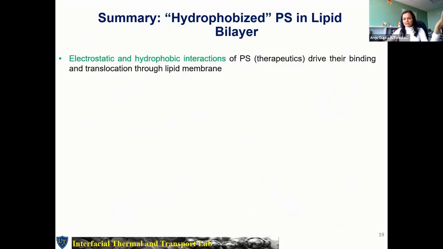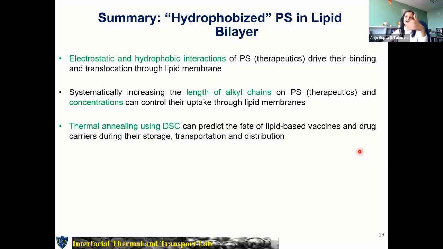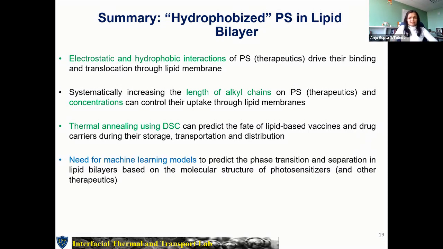Just to quickly summarize this section of my talk, it's the combination of electrostatic and hydrophobic interactions that can drive the lipid bilayer interactions. We think the easiest way to do this is by increasing the length of alkyl chains that will keep getting inserted deeper into the bilayer. Through this study, we accidentally discovered that if you do thermal annealing on DSE, you can predict their thermal history and behavior.